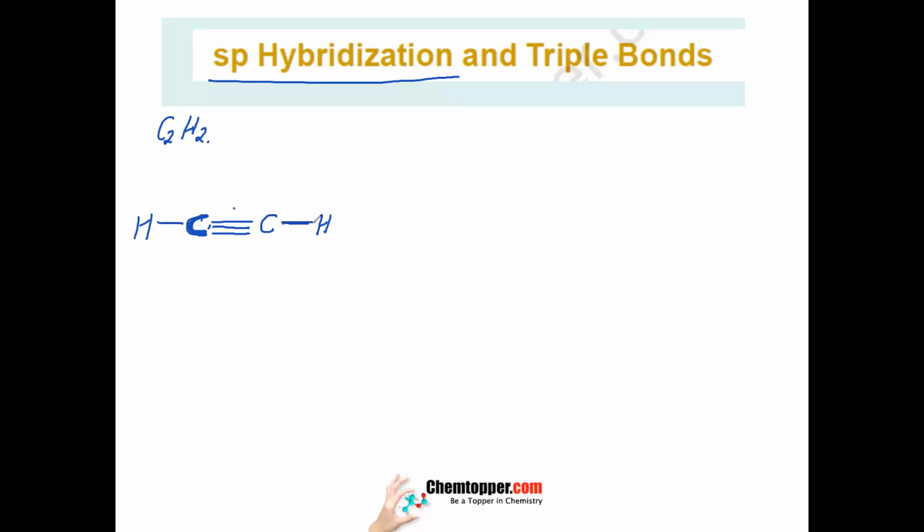This hydrogen cannot have a multiple bond, so we have only one option: between these two carbons make a triple bond. Everybody is happy. Hydrogen happy, carbon happy. This molecule is acetylene. It's a very popular molecule, very combustible.